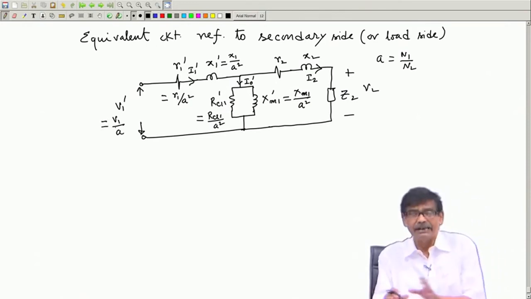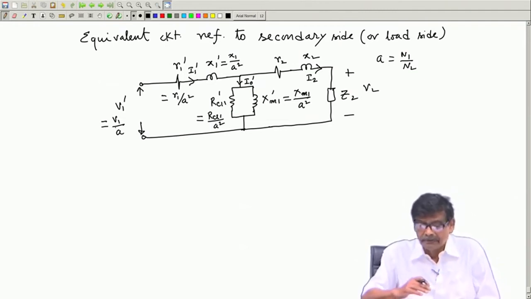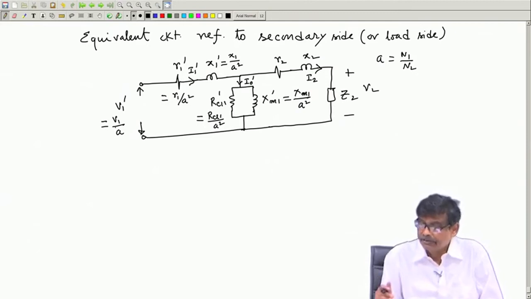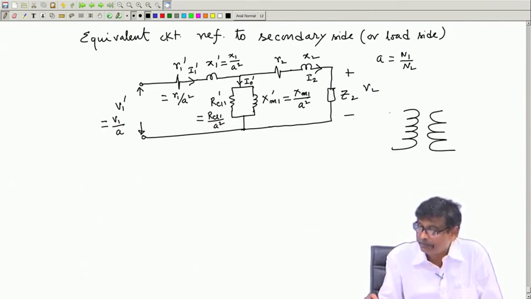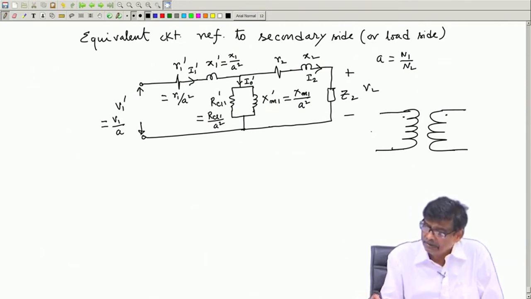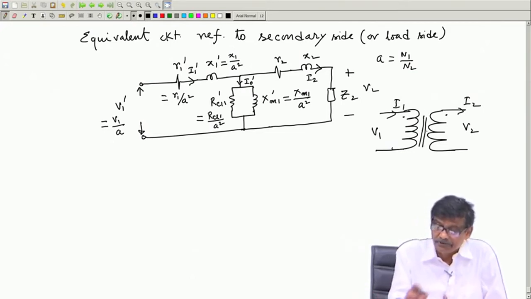Now, in this way I can draw the equivalent circuit, either referred to the load side or to the source side, and avoid the coupled circuit present in the circuit to be solved. Either way you can do. Your practical transformer, this is the real thing with I 2 and I 1, can be viewed as this one.